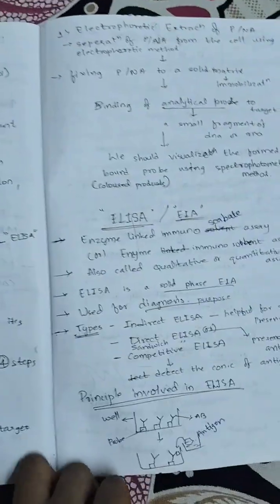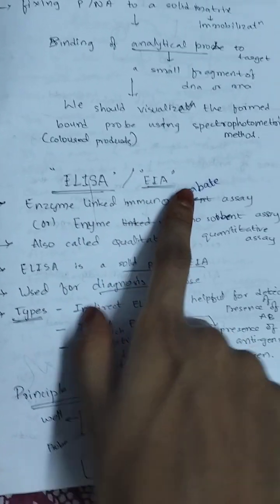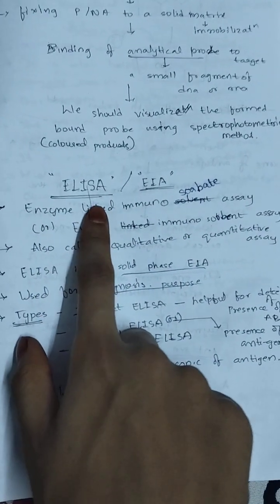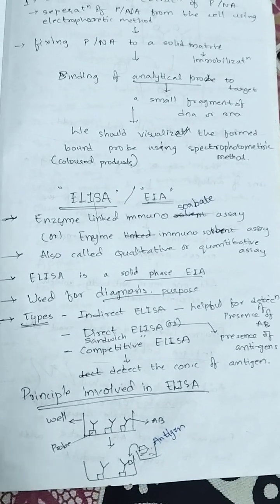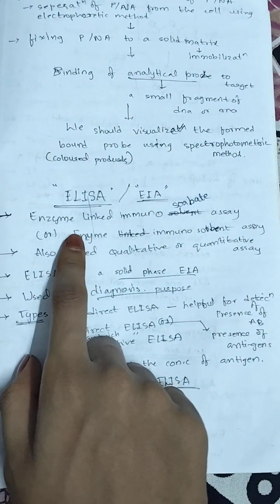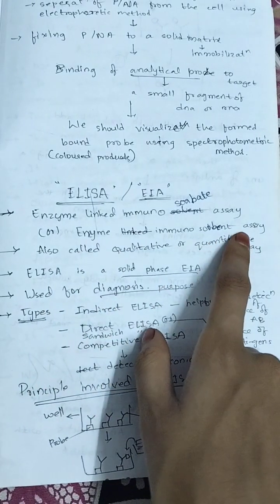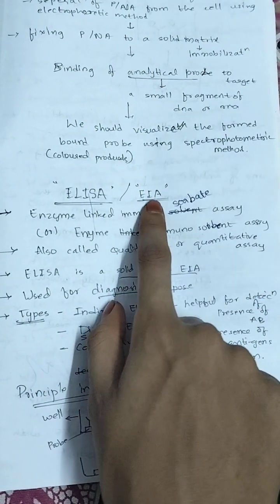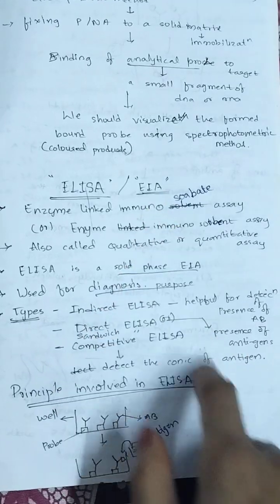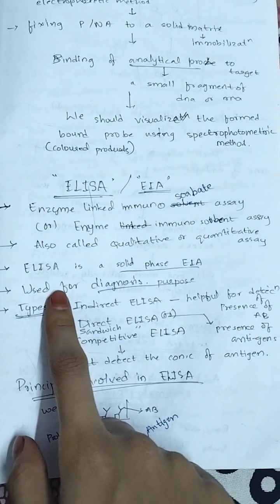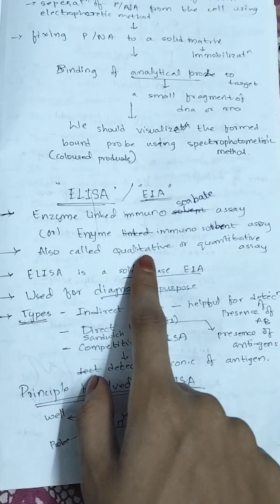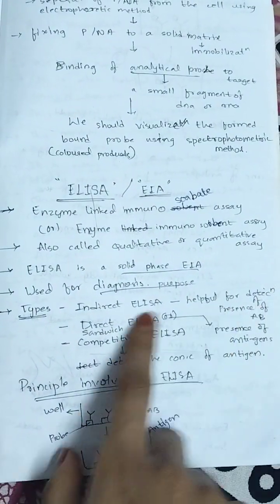Now, the ELISA technique. ELISA or EIA. What is ELISA? ELISA is enzyme-linked immunosorbent assay. It is also called enzyme immunosorbent assay, EIA. ELISA is also called a qualitative or quantitative assay.